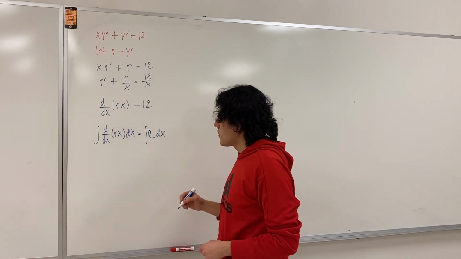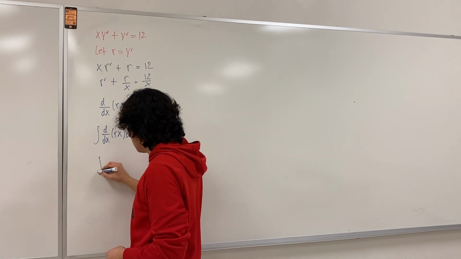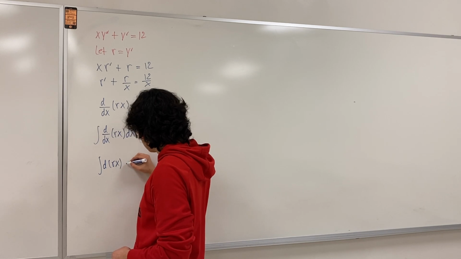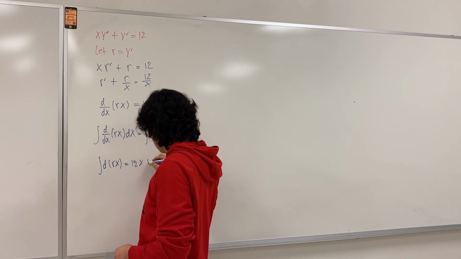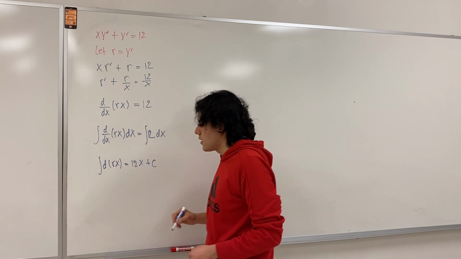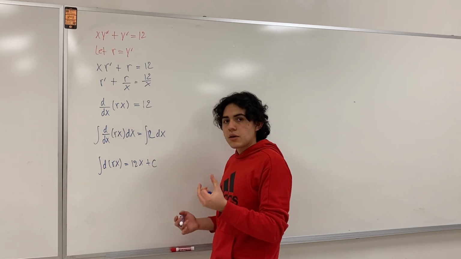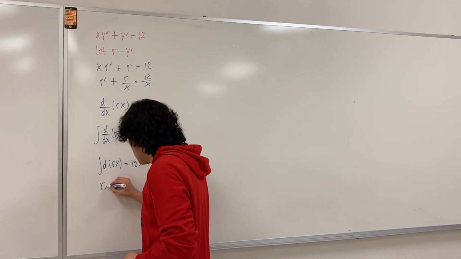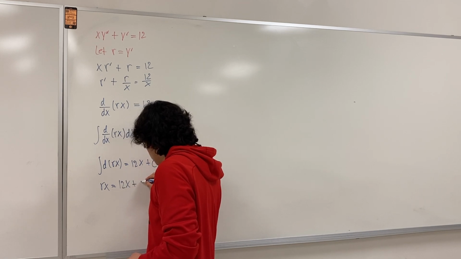And now notice over here, we're just going to get the integral of the differential of the quantity r times x, and this is going to be equal to 12x plus a constant of integration c, okay? Now, if you integrate the differential of a quantity, you're going to get the quantity, meaning you're going to get r times x. So we have r times x is equal to 12x plus c.